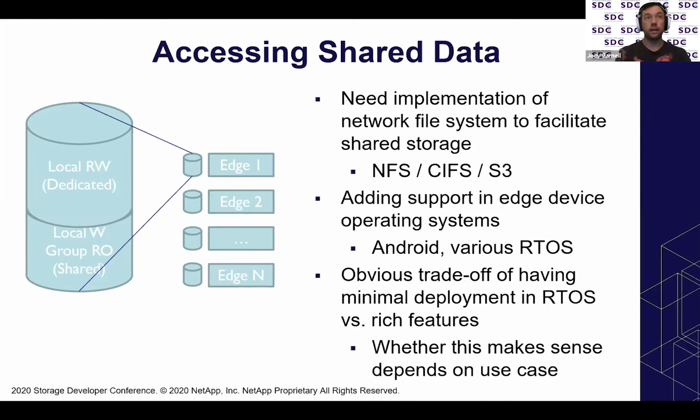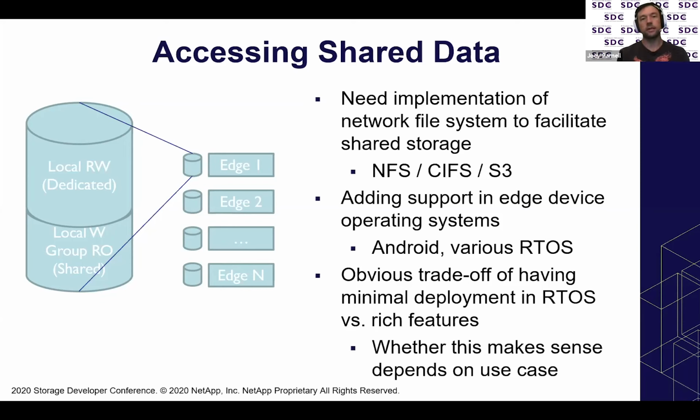How do we enable shared storage? We add that support to the edge devices, and that's to the operating systems that the edge devices run. An example is Android, which runs on a lot of edge devices, and various real-time operating systems, VxWorks, QNX, there's a laundry list of them. But how do we enable these use cases?